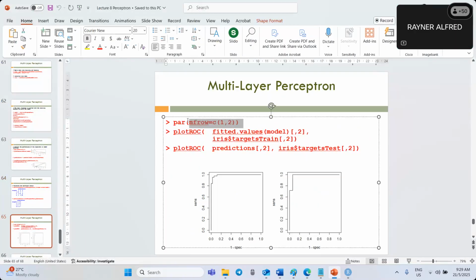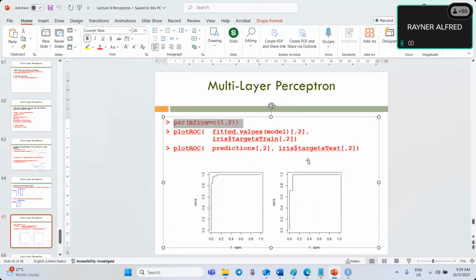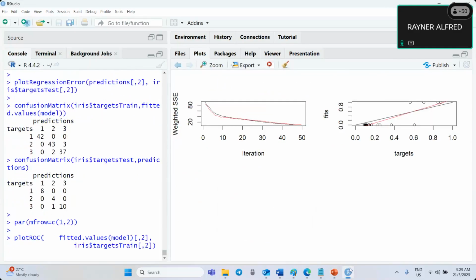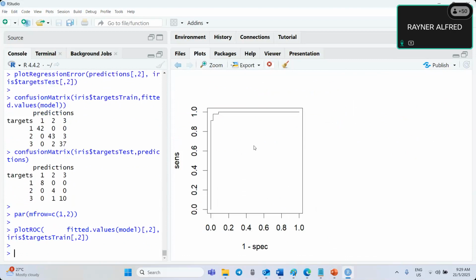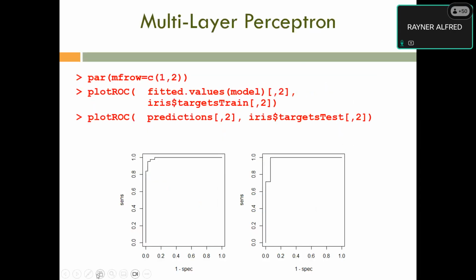And also we can draw the receiver operator characteristic. But this one doesn't tell you much because our accuracy is high already. So basically we want to maximize the area that we cover here.